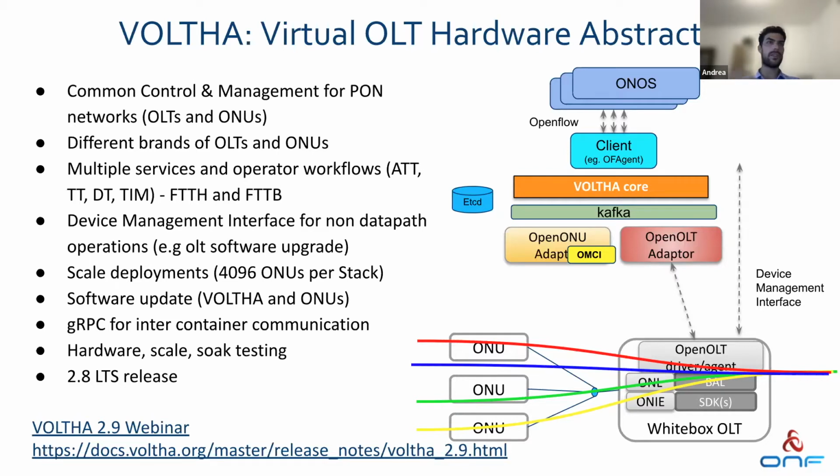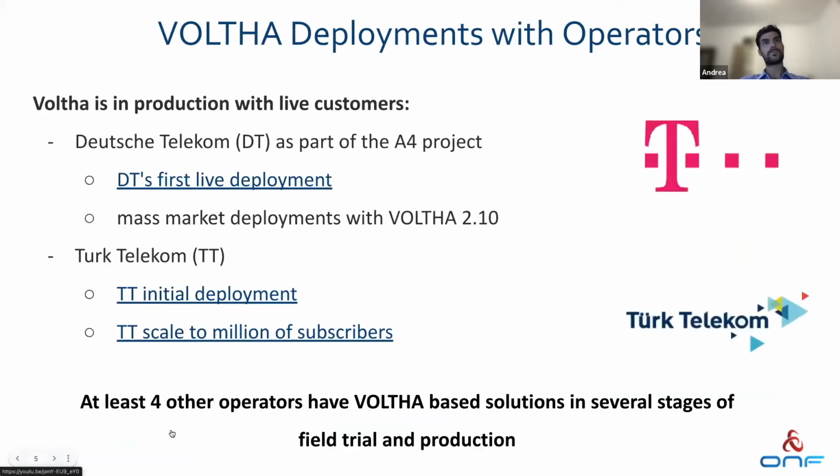It uses gRPC for inter-container communication and Kafka for the events, and has a huge set of tests in a suite that comprehends hardware, scale, and soak testing, and we're going to talk about that more later. It has been released as a long-term support with the 2.8, and we released the 2.9 six months ago, for which you can see the previous webinar here.